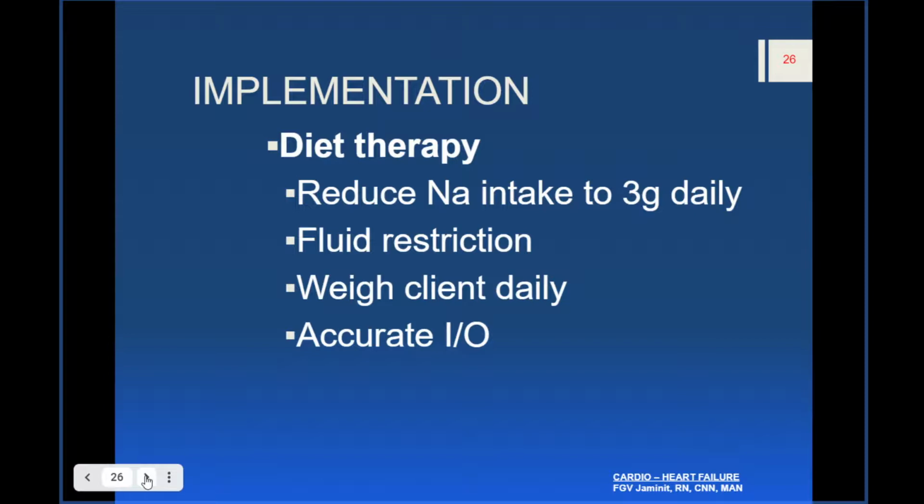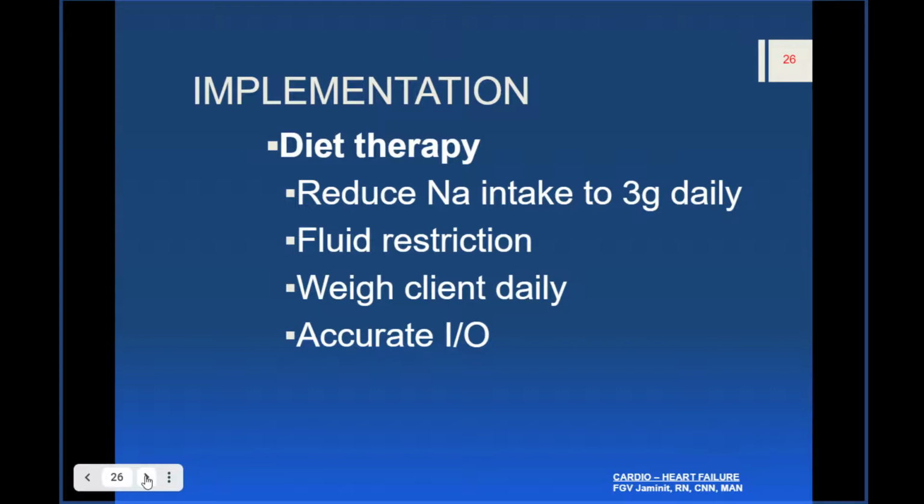Less than 1 gram. We don't want to fully eliminate sodium because, for a fact, we know that sodium is necessary for muscle function as well as for cellular activity.